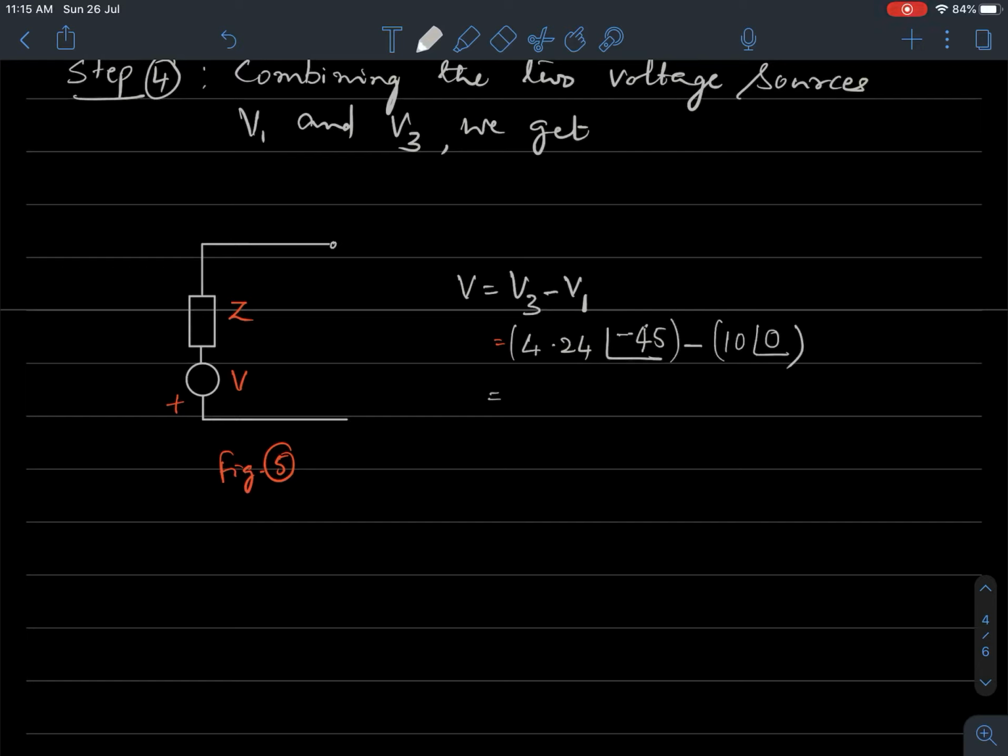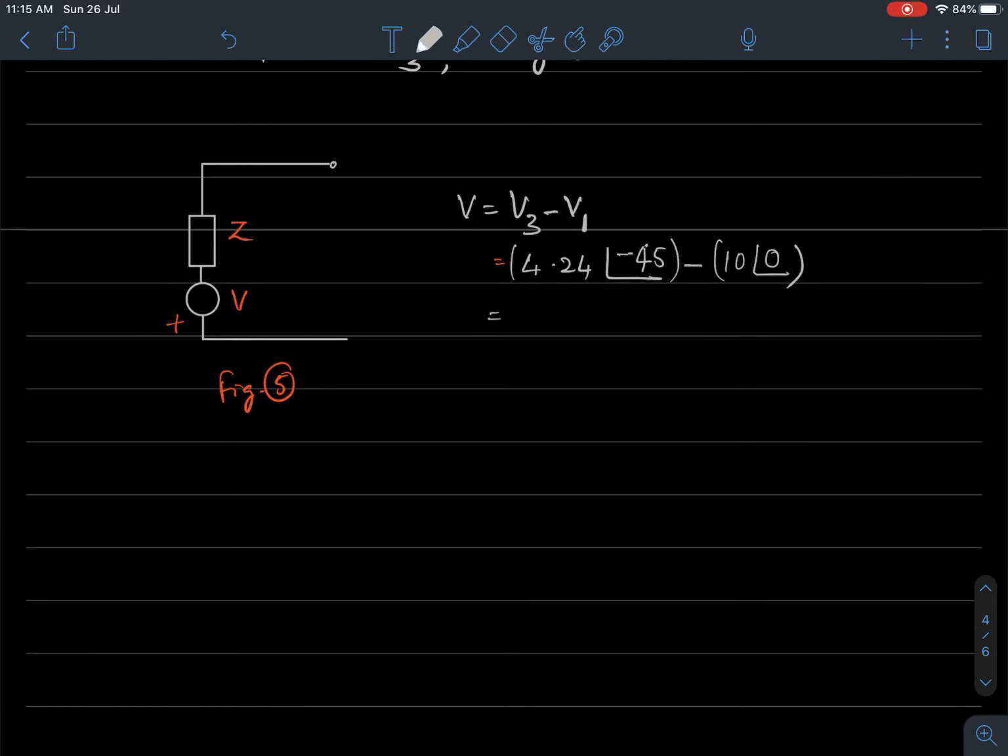Alright, this is equal to this computation. I'll enclose them in brackets. Let us have this practice of putting the values in parentheses. Now this comes out to be equal to minus 7 minus J3. You will get it like this.